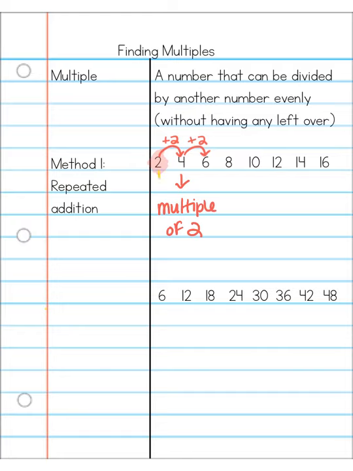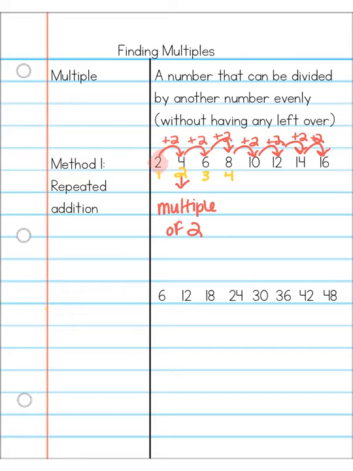So this is the first multiple. 4 would be the second. 6 would be the third. 8 would be the fourth. And each time I just add 2 to get to the next one. What do you think the next multiple of 2 would be?